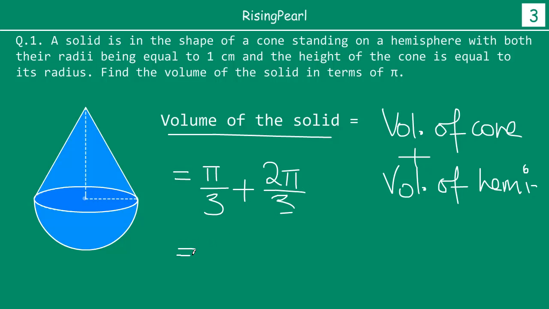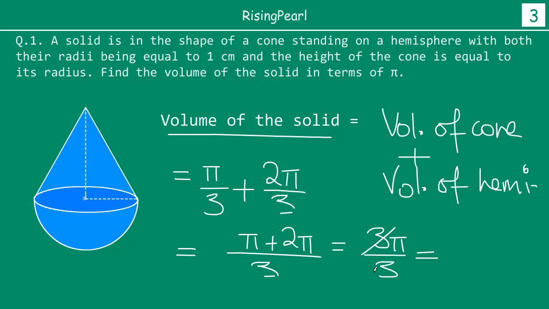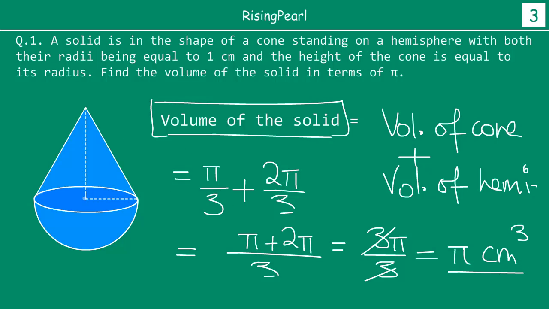So if you solve this, 3 is your denominator, pi plus 2 pi is 3 pi by 3. The 3 and 3 will cancel out, so it will be equal to pi centimeter cube. So the volume of this entire solid will be pi centimeter cube.